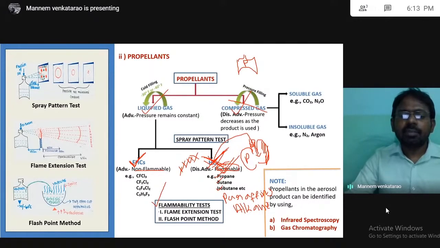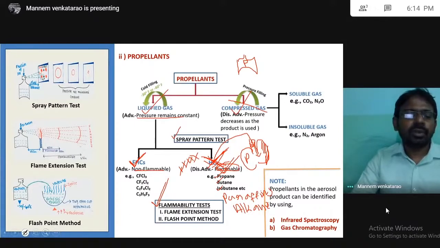In industry they perform the flammability test to choose a propellant. While selecting a propellant, they must perform one spray pattern test and another flammability test. By performing the spray pattern test, we can know whether the propellant maintained constant pressure or not. By performing the flammability test, we can know whether the propellant is flammable or non-flammable. So, what is this flammability test? Observe, friends, here.